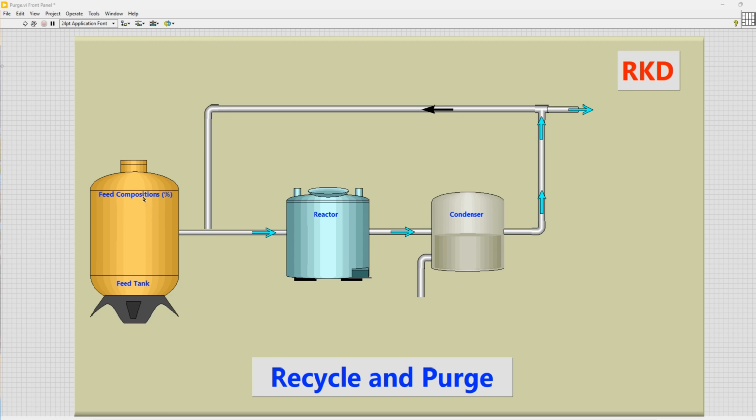So here, this is about the feed tank. There is a reactor, this is the condenser, and there are some set values.